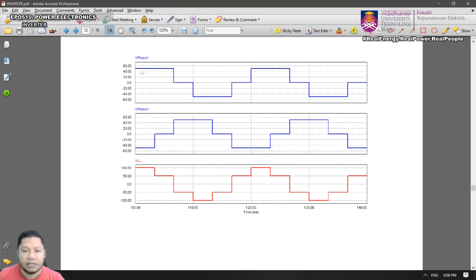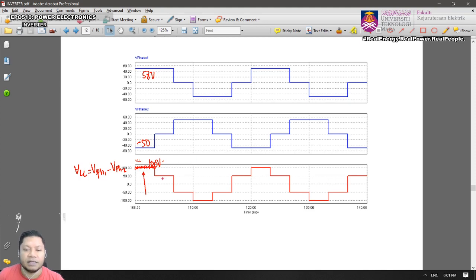So this is V phase 1, V phase 2, and then V line to line. We look at the line to line voltage between phase 1 and phase 2, which equals V phase 1 minus V phase 2. So here we have 50 volt minus minus 50 volt, and you get 100 volt at this point.